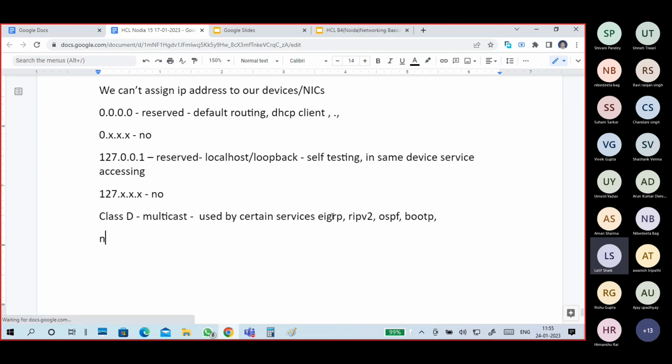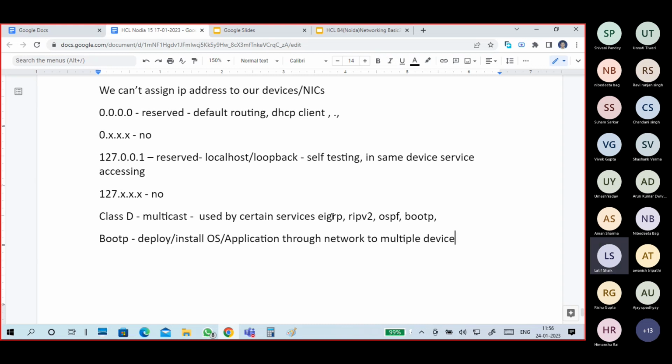BOOTP protocol, guys, is used to deploy, or we can say install, OS or applications through the network to multiple devices at a time. And EIGRP, OSPF, RIP version 2 are routing protocols that exchange routing tables using a multicast address.